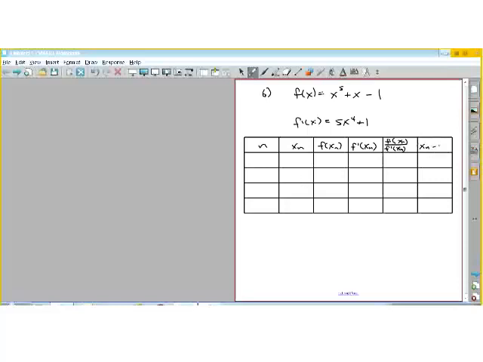So this is the subsequent calculation using the previous one. We start with n equals 1, 2, 3, 4. And we want the difference between the x values to be less than 0.001. Those two successive approximations differ by less than 0.001.